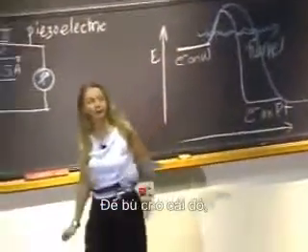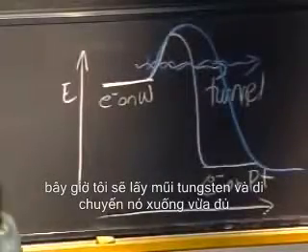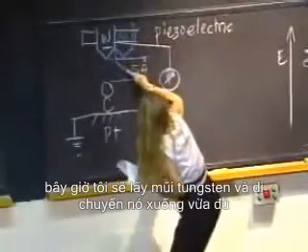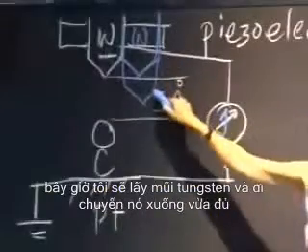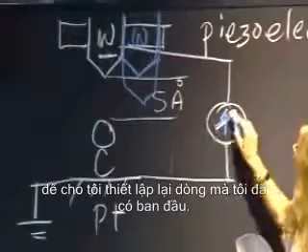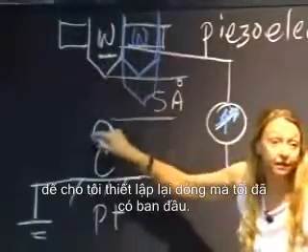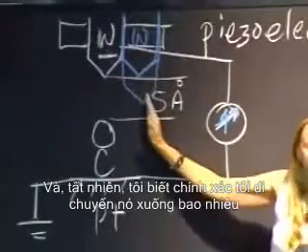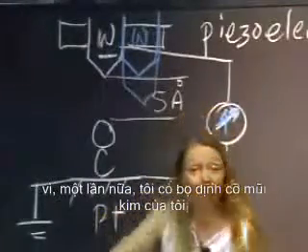So to compensate for that, I'm now going to take the tungsten tip and I'm going to move it down by just enough such that I reestablish the current that I originally have. And of course, I know exactly by how much I moved it down because, again, I have my tip calibrated.